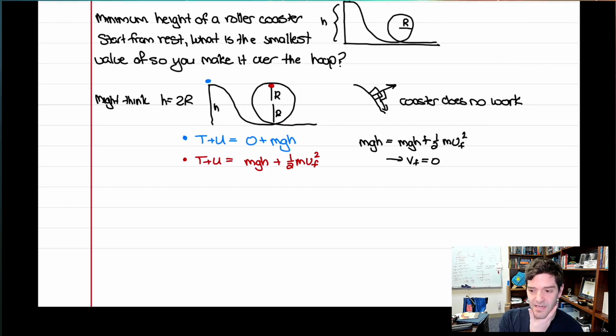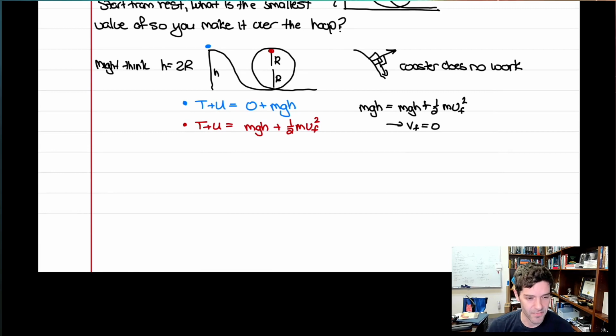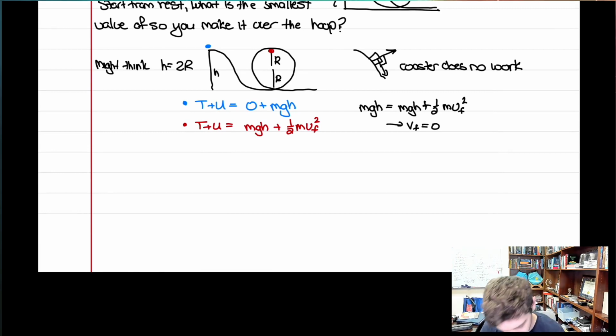If it's retaining circular motion, we know what we can write down for the acceleration that the cart had better be experiencing at the top of the loop.